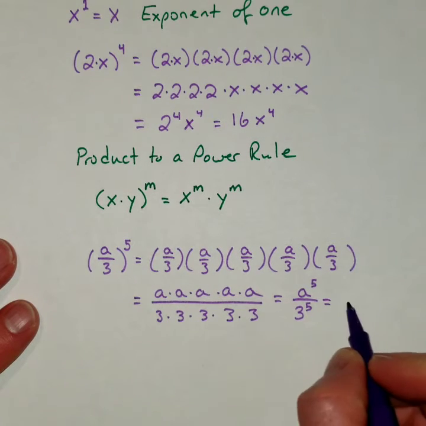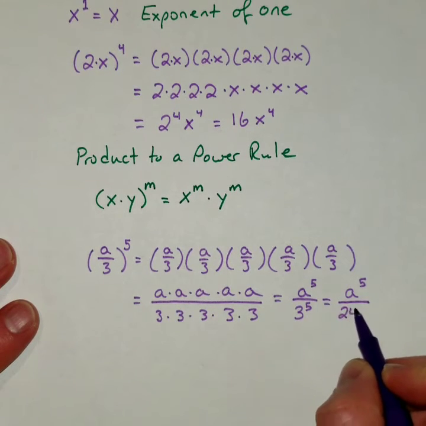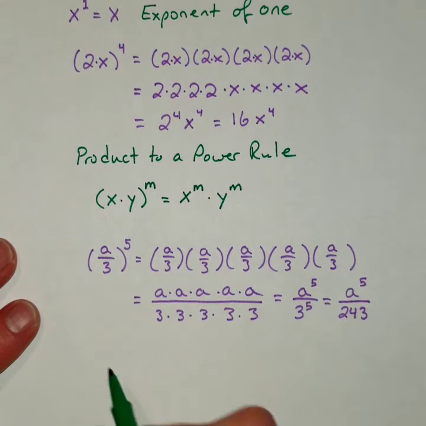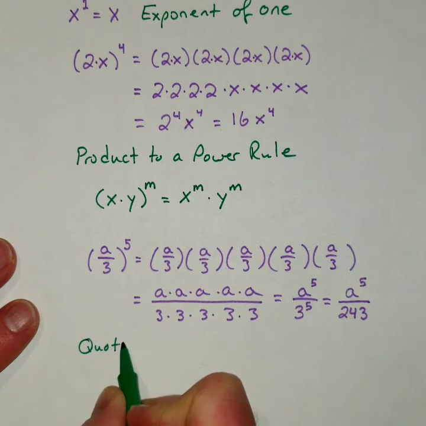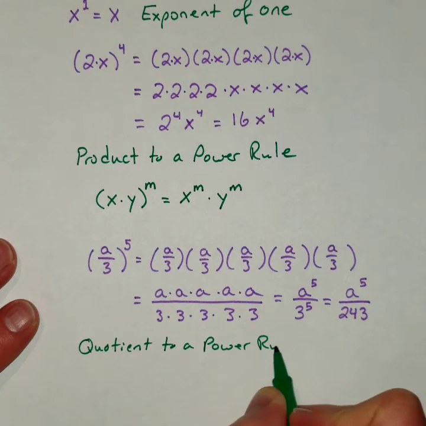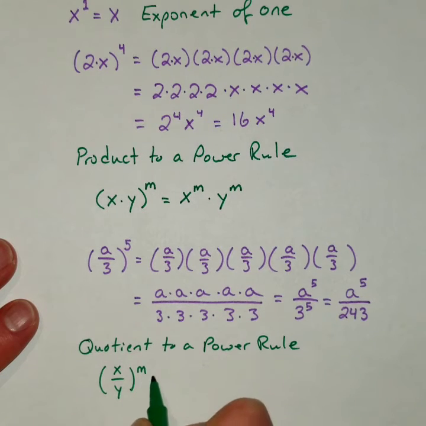And then, of course, 3 to the 5th can be calculated. 3 times 3 is 9, times 3 is 27, times 3 is 81, times 3 is 243. So it'd be 243 on the bottom. Okay. All right. So this rule generally is called the quotient to a power rule, and it says that x over y raised to the m power is x to the m over y to the m.